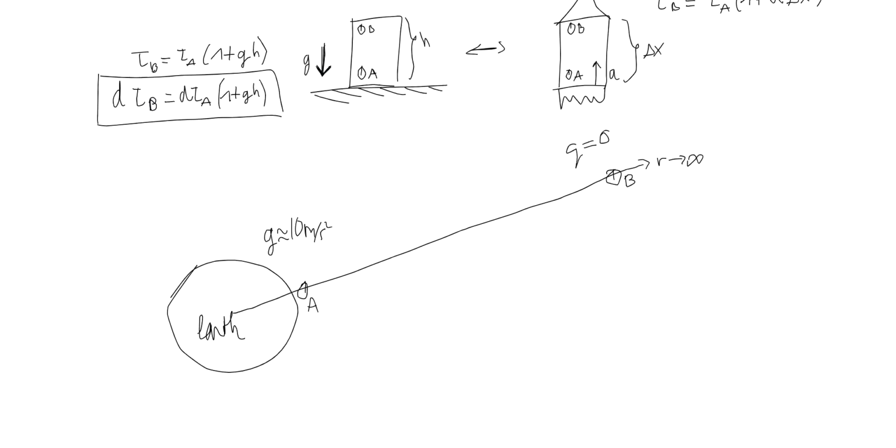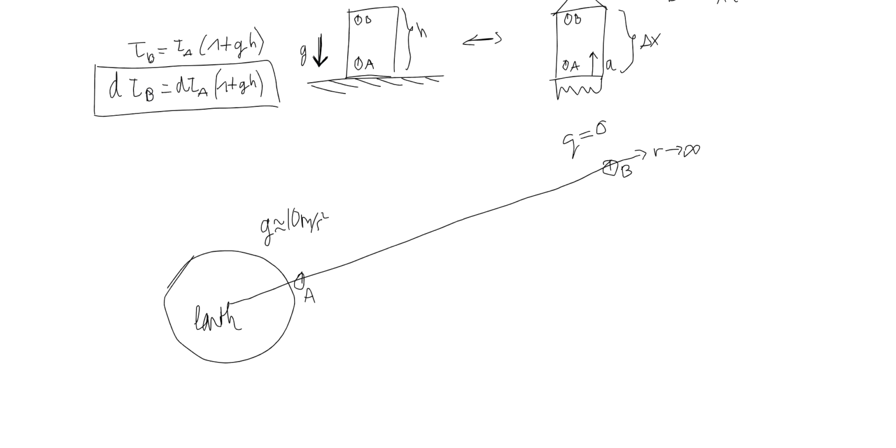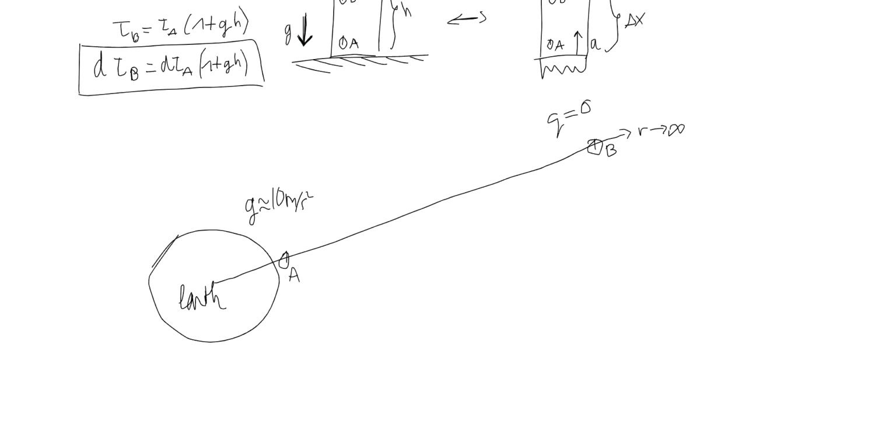The problem here is that I said that the equivalence principle only holds for a small enough region. So now we have to do sort of a mathematical trick. We have to consider a laboratory here, next to another laboratory, next to another laboratory, each with clock A, clock B, clock A, clock B, etc. The height of the laboratory is still h.